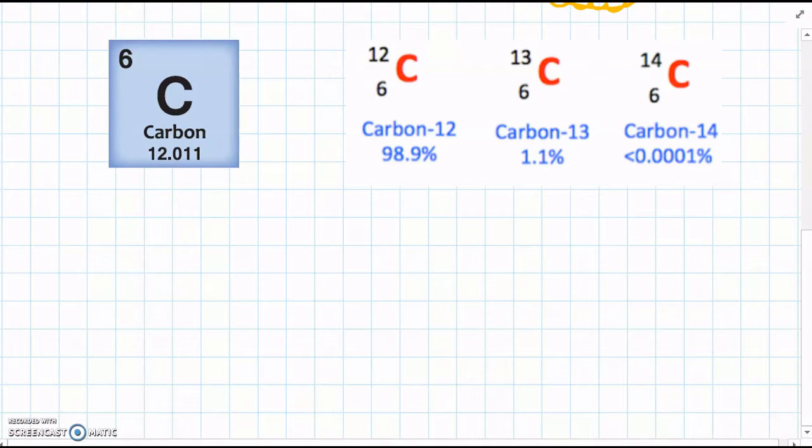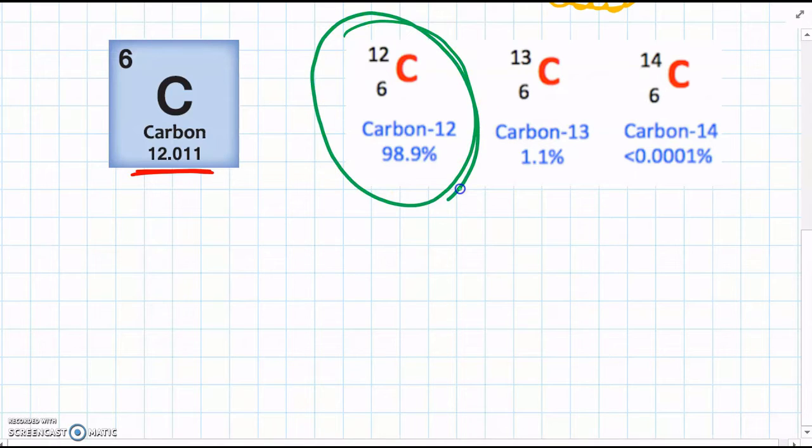The next thing to think about with isotopes is that in nature, they don't all exist in perfectly equal amounts. With carbon, and this happens for most elements actually, there's normally one isotope that is really, really common, and most of the atoms in a sample are made of that isotope. That's true for carbon-12 here.